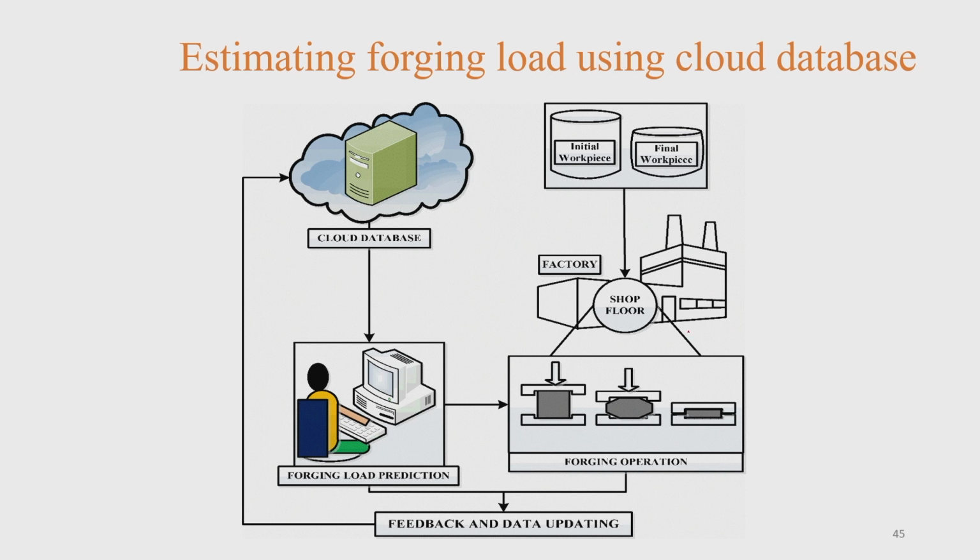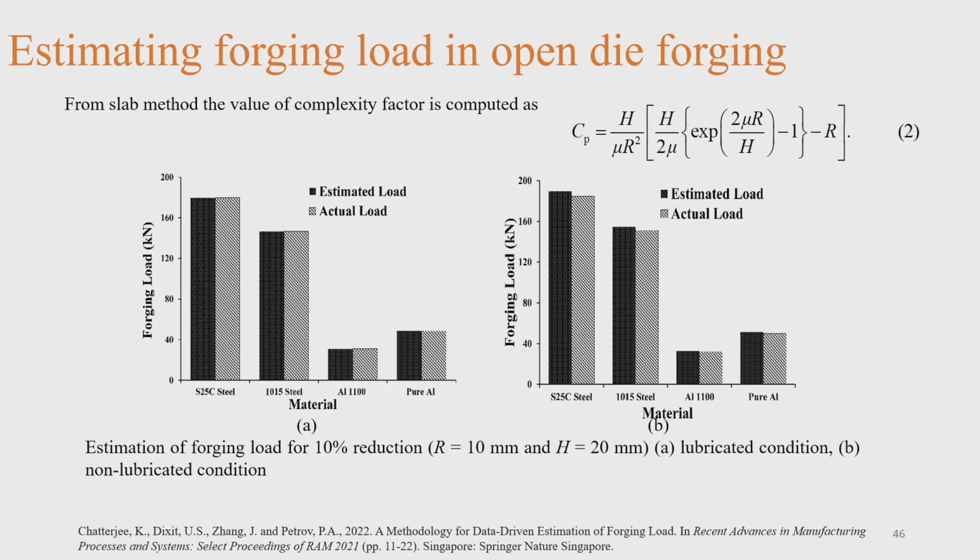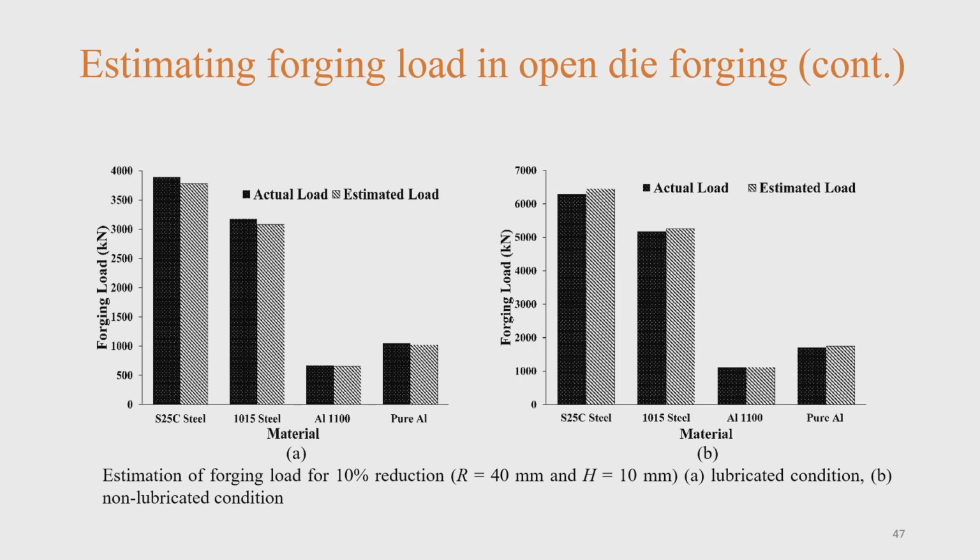A factory is actually doing some job like a forging operation, but it gives feedback that gets stored in the cloud system, and then the cloud system takes appropriate decisions. We have done some work in that direction. One PhD student, Chatterjee, did some work on developing models for the forging process, which can do some approximation.